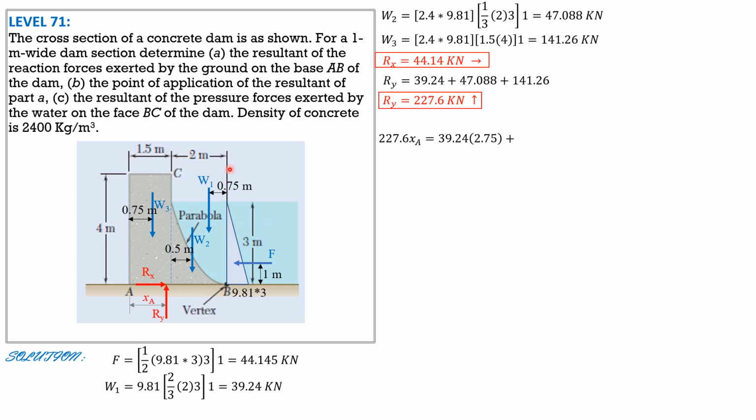1.5 plus 2 is 3.5 minus 0.75 is 2.75. So the moment arm of weight 1 from A is 2.75. So that's 2.75 plus weight 2, which is 47.088 times 2 meters. 1.5 plus 0.5 is 2 meters.